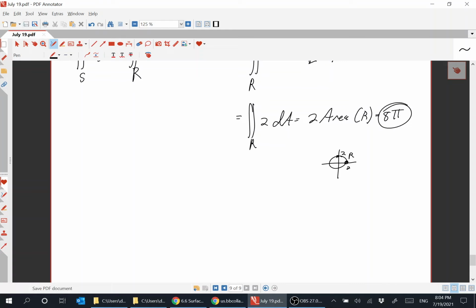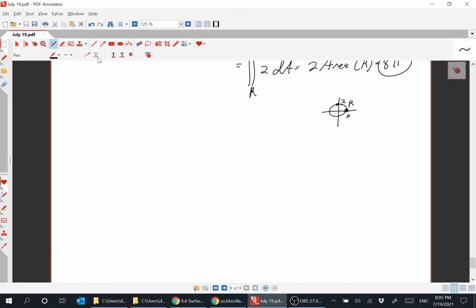So I did this last time with 2 different parameterizations. I used the rotational scheme to parameterize, and I also used the spherical coordinates scheme to parameterize, and both of those calculations were nasty. In particular, that cross product was nasty, but this one was much easier. So there were 3 different ways to parameterize that, and I picked the 2 harder ones.